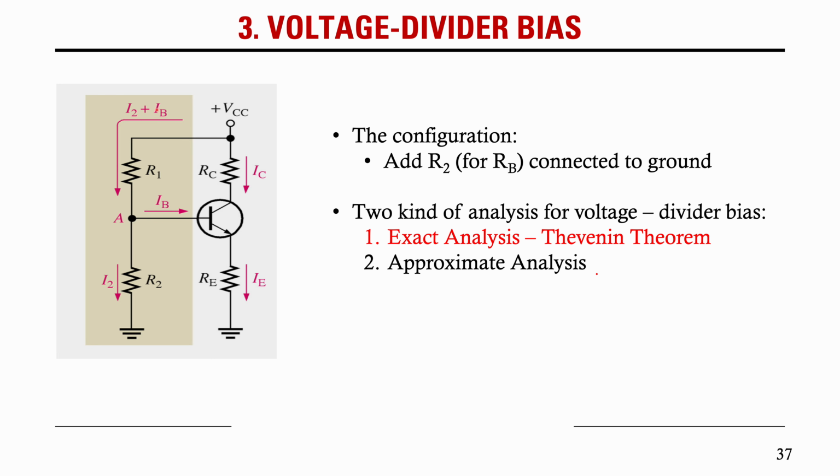By looking at that, you know already that this is a voltage divider circuit. So how to solve this? We need to use exact analysis, which is the Thevenin theorem, to find the voltage at point VB, and you can also use an approximate analysis.